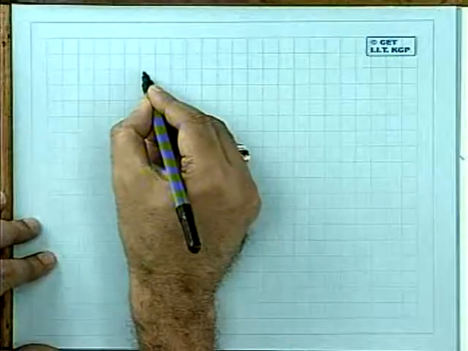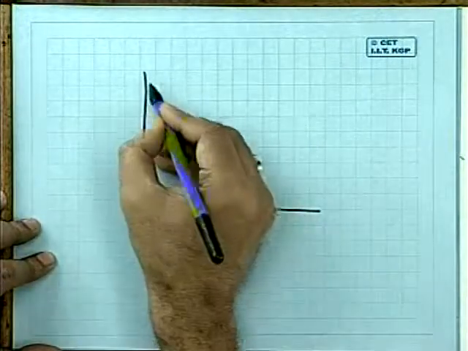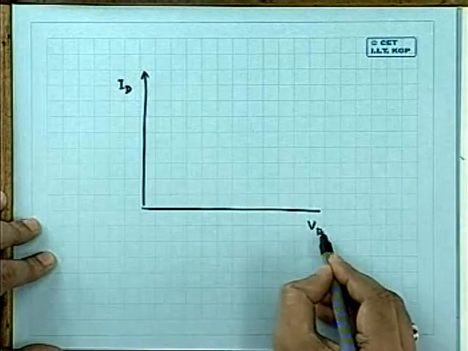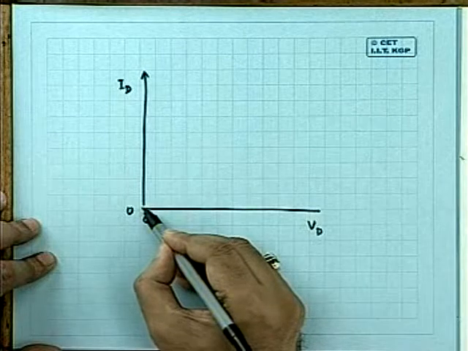On the other hand, integration by numerical technique is rather simple and very accurate. So using all these things, people are able to plot the ID versus VD characteristics, which is considered to be more accurate.